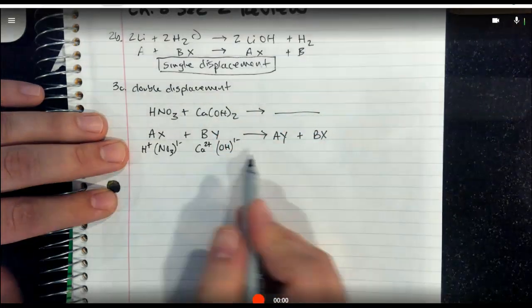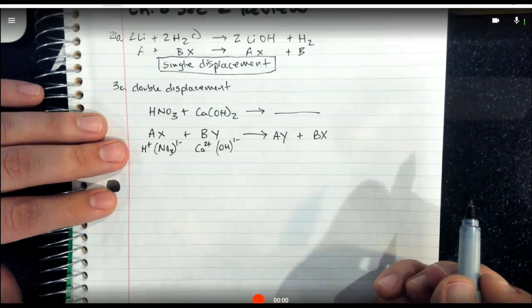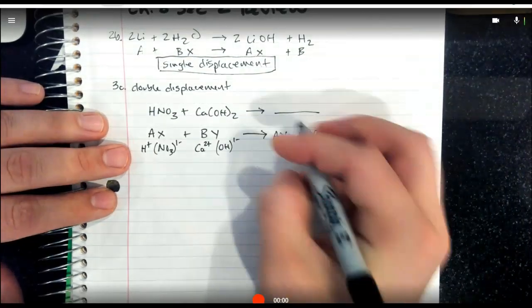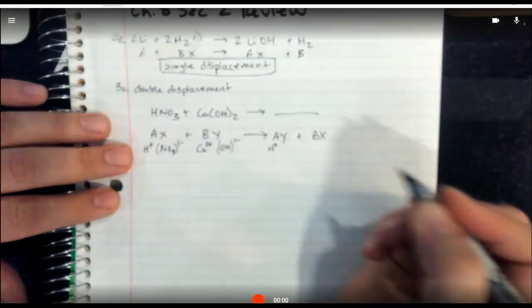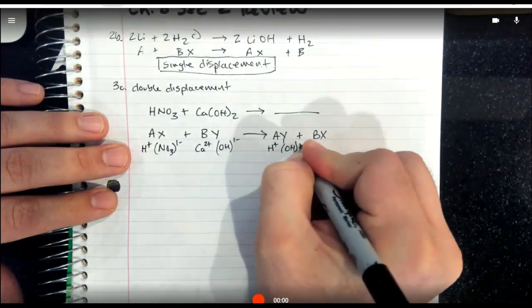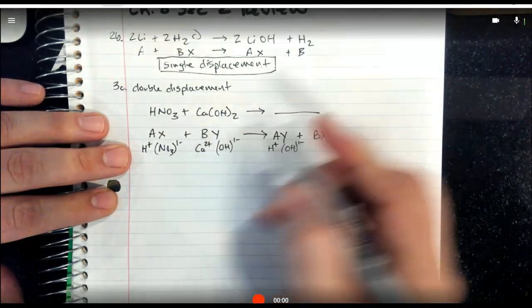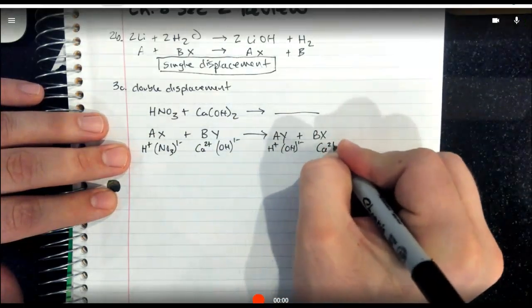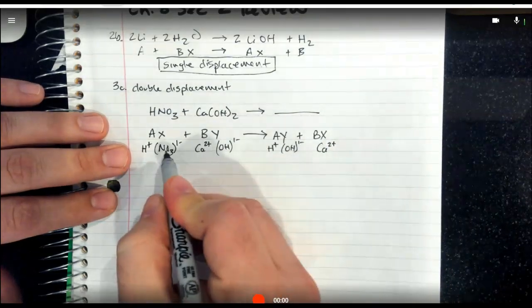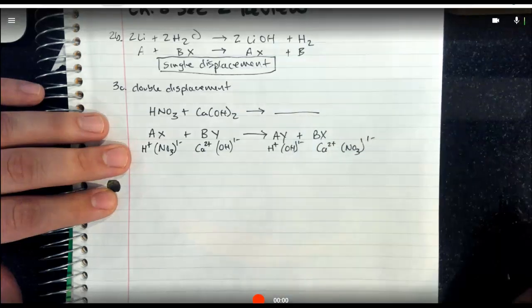So we're breaking it down into its parts so that when we combine over here, we can correctly write the chemical formula. So A was H plus, Y was OH minus 1. B was Ca2 plus, and X is NO3 1 minus.